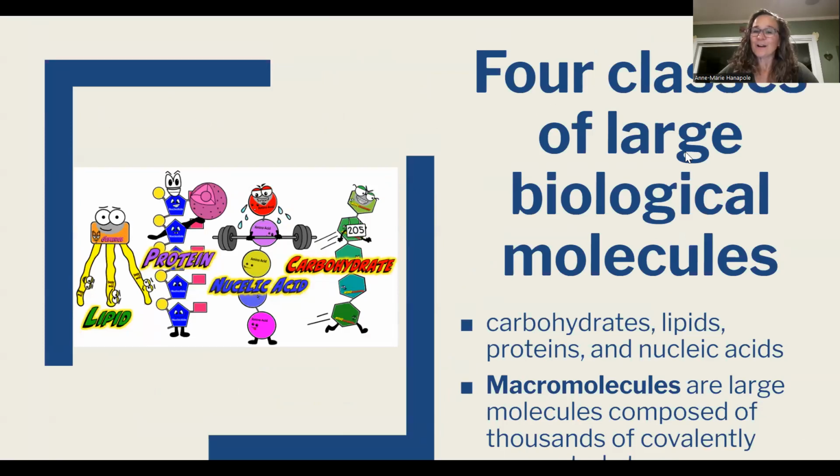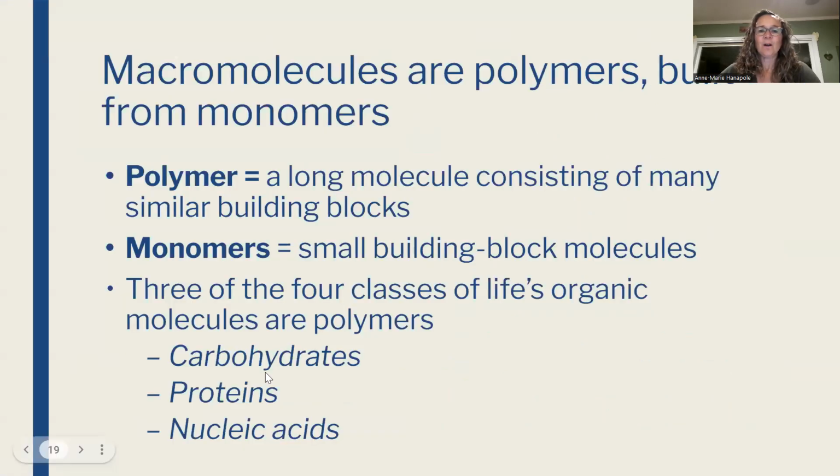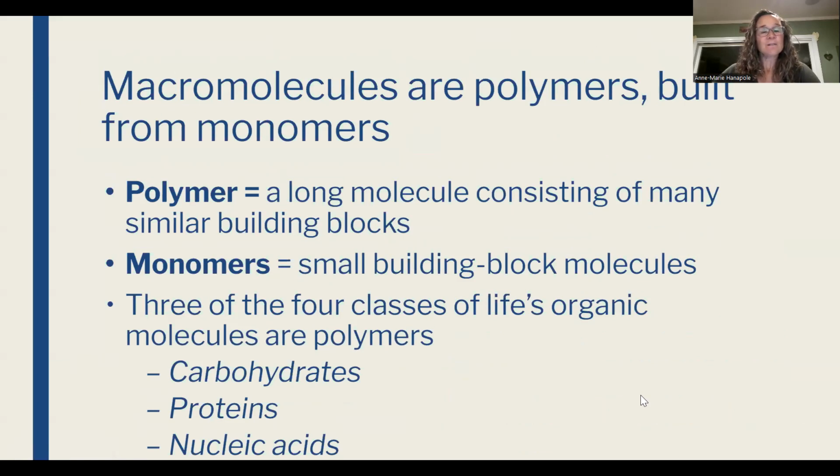So there are 4 classes again of biological macromolecules. So a macromolecule is simply a really large molecule. So that includes carbohydrates, lipids, proteins, and nucleic acids. And when we are looking at those macromolecules, most of the macromolecules are monomers that get assembled and put together to build polymers.